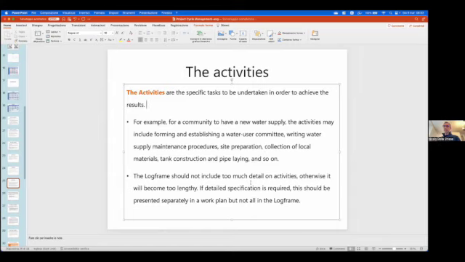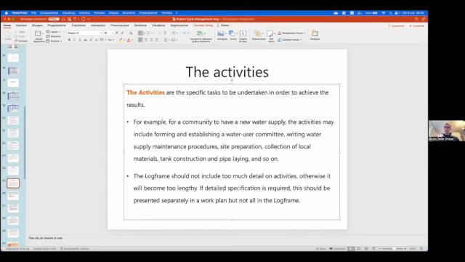But we should not give this kind of detail in the log frame. Otherwise, it loses its conciseness. So we could summarize this succession of activities in, for instance, sourcing of materials and installing the piping system.